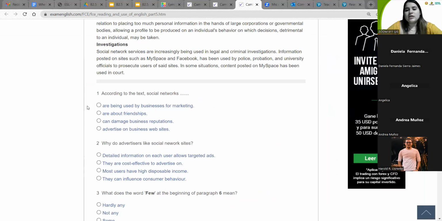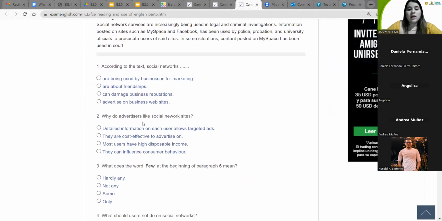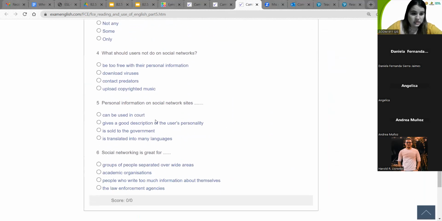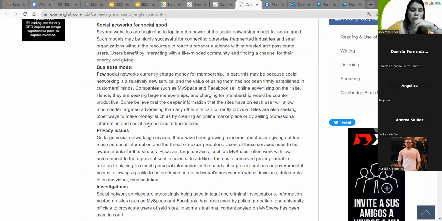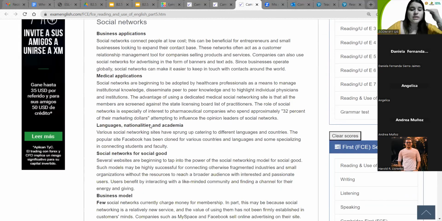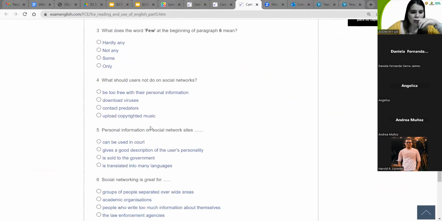Everything has to be based on the text. It says, according to the text, what does the word few in paragraph 6 mean? Everything is based on the text. So I am going to send you this, but we're going to do it after the break.